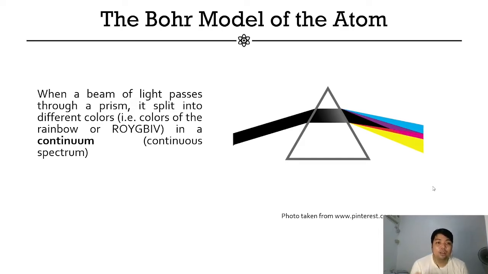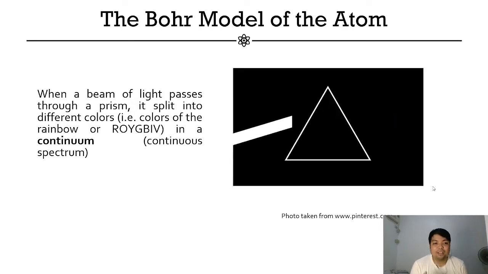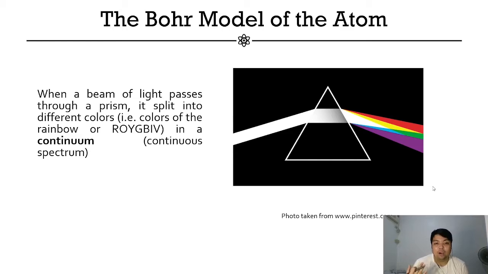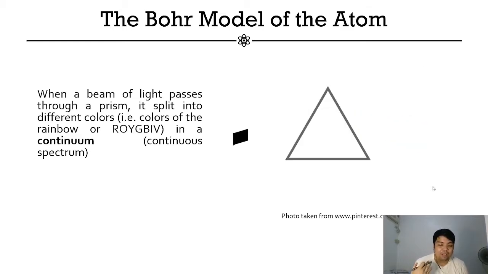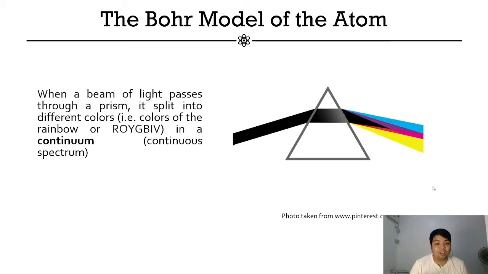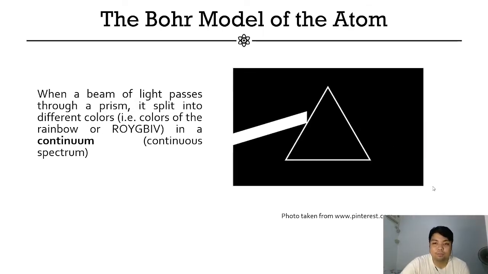You see that the red slowly transitions to orange, up to yellow, and so on and so forth in the colors of the rainbow.